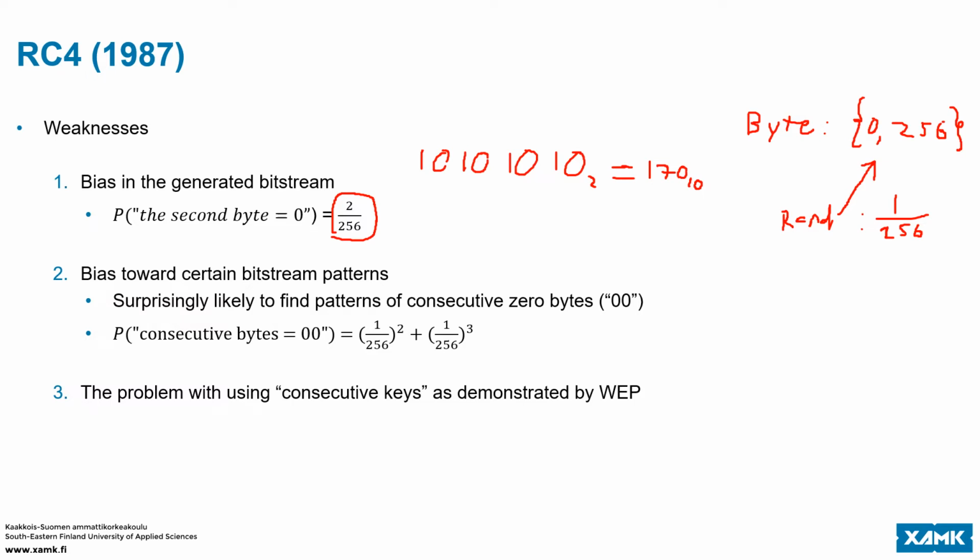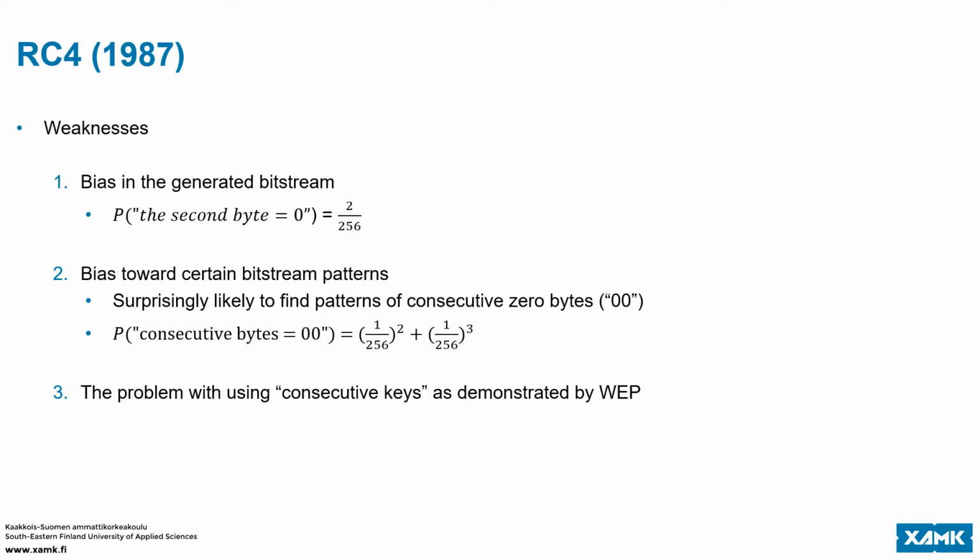Of course, knowing this bias, we can simply ignore the second byte and start using these random bytes from the third byte onwards. The random number generator in ARC4 actually exhibits another type of bias toward 0 bit streams.